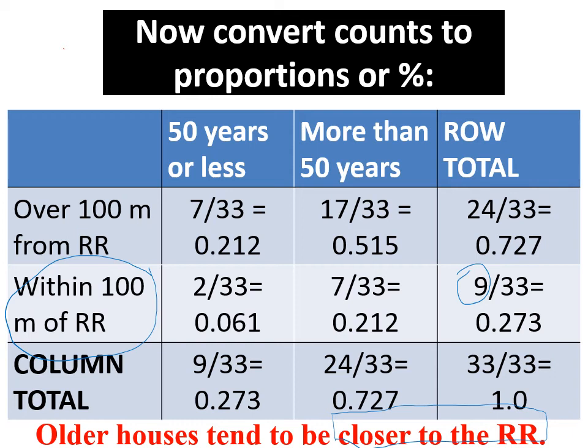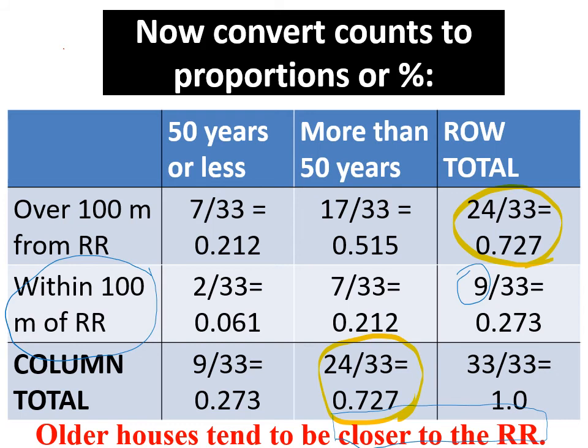So even though most of the houses are over 50 years old, so we know that from over here. So most of the houses are over 50 years old. And most of the houses are over 100 meters from the railroad.